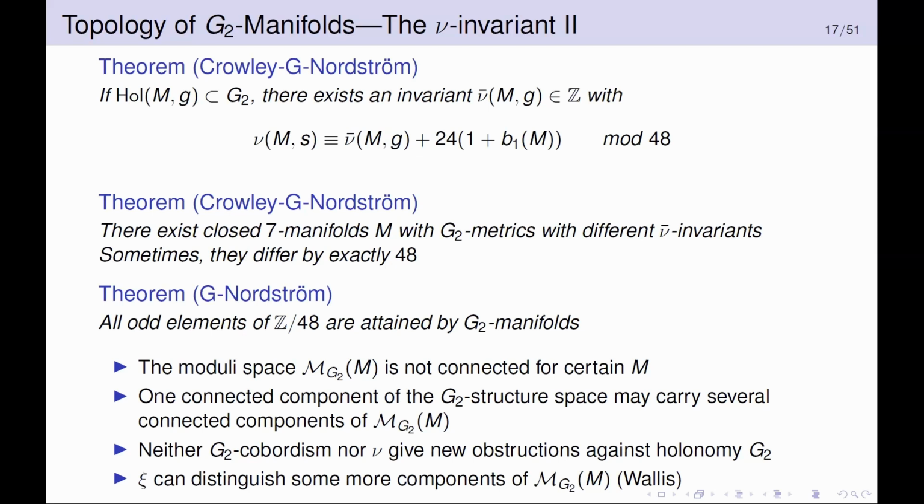Then, a bad result, if you like, is that neither G2 cobordism nor nu seem to give new obstructions against holonomy G2. I also mentioned the Xi invariant, and a student of Johannes has found some more components of the G2 moduli space which are distinguished by Xi, however, the nu invariants are the same values.